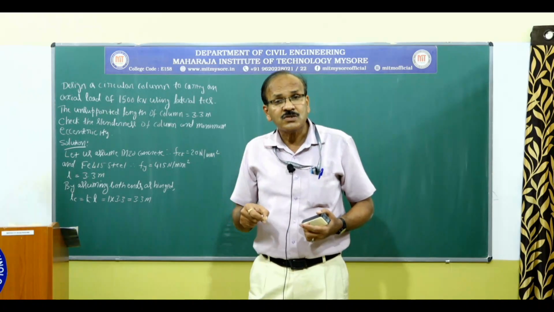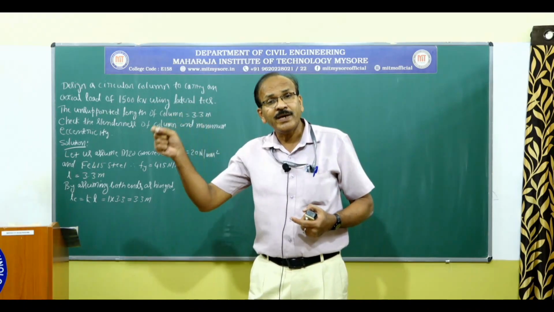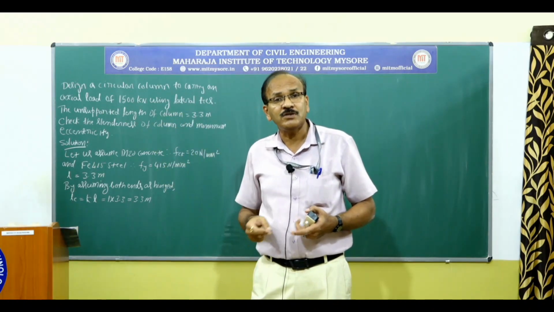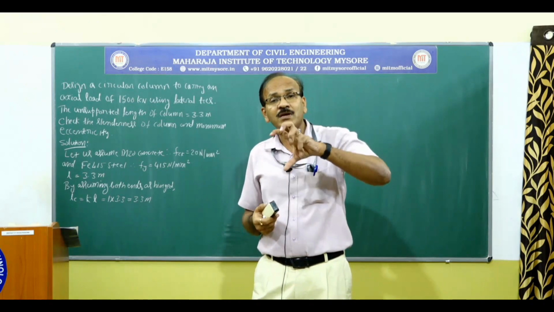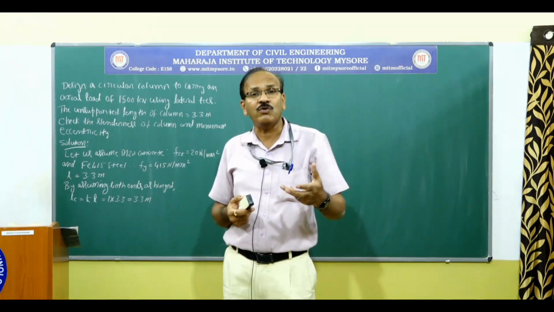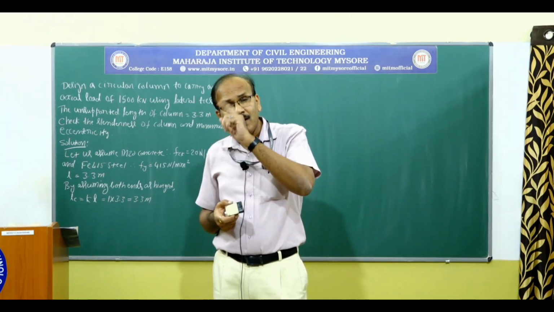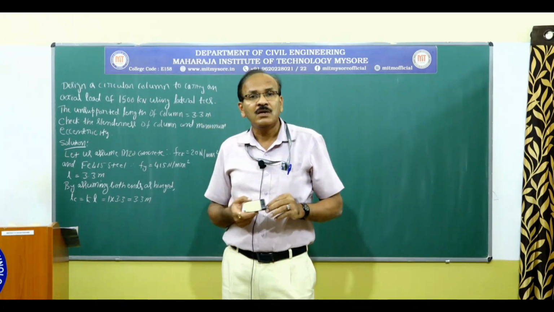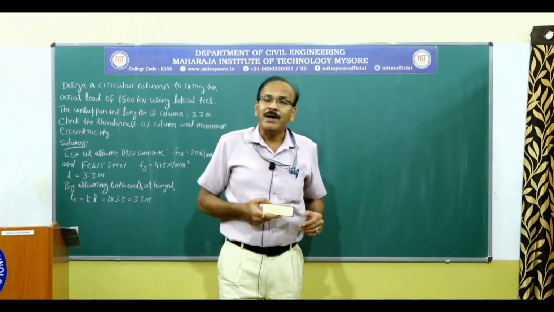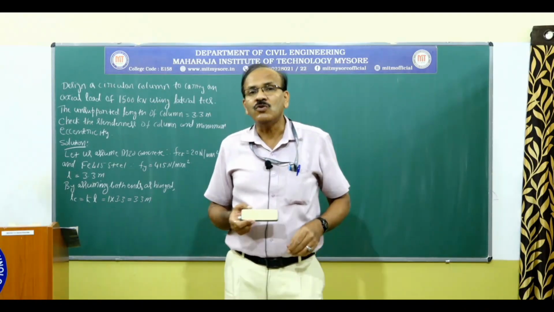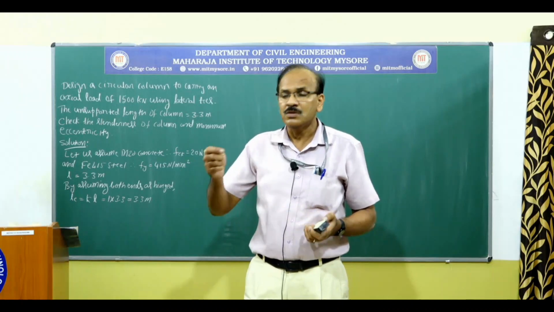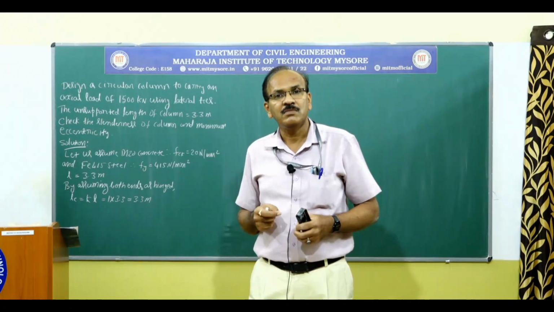And another thing is, e minimum should be less than or equal to 0.05 D. When it comes to e minimum, as per 25.4 of the code, e minimum should be equal to L by 500 plus D by 30. Here again we don't know the diameter, so we cannot check for e minimum.